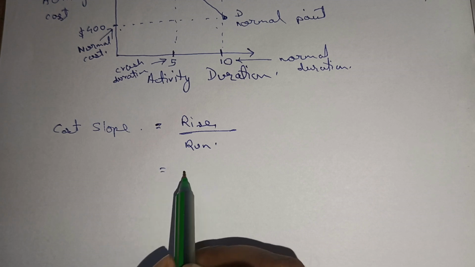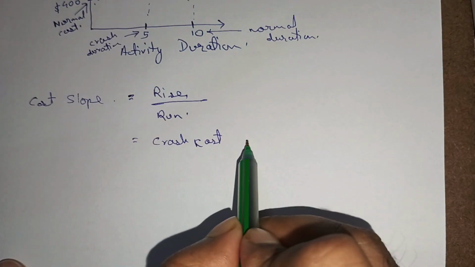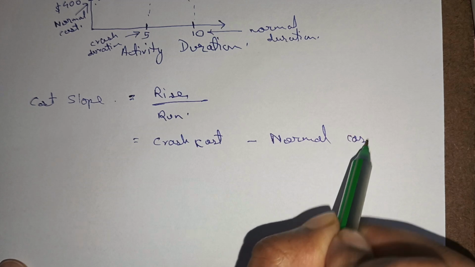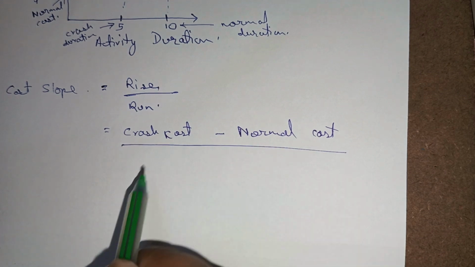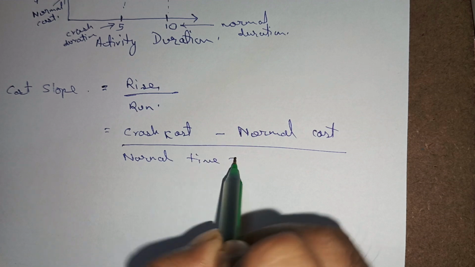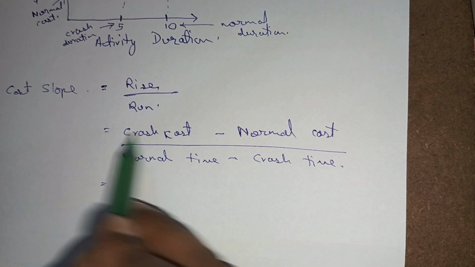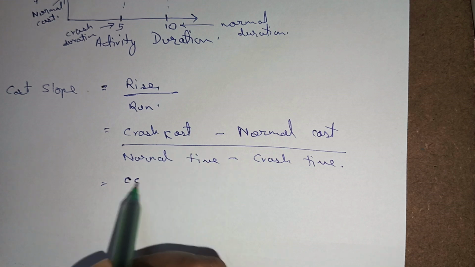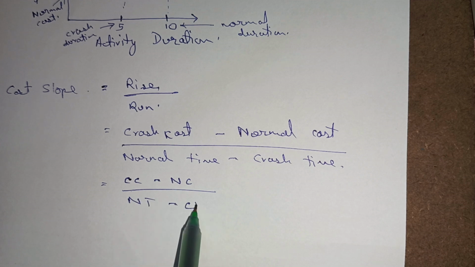So you can also write it as crash cost minus normal cost, divided by your normal time minus crash time. You can write it with the first two letters of each of these words, cc minus nc, divided by nt minus ct.